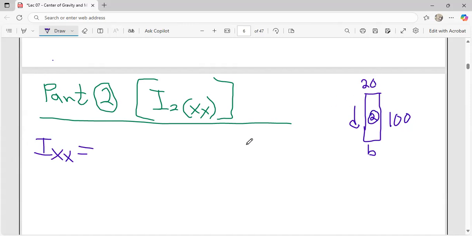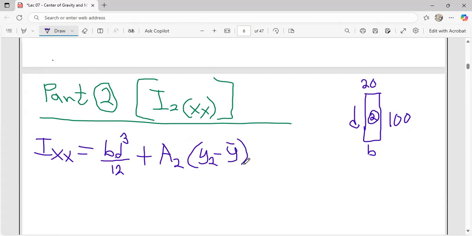Knowing this, it means that this time our formula, just as we did for the first one, still implies that the moment of inertia at xx is given as b d cubed all over 12, plus the area 2 multiplied by Y2 minus Y bar.